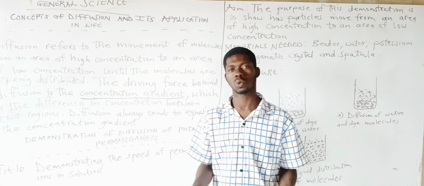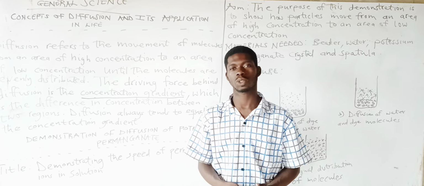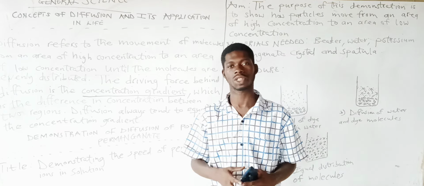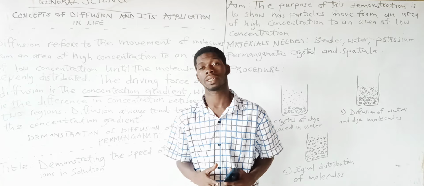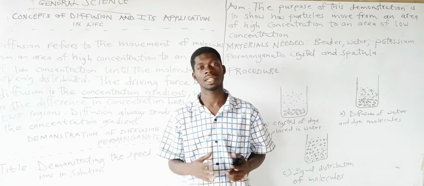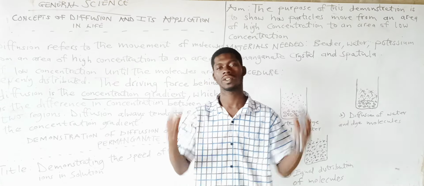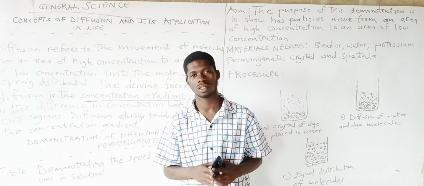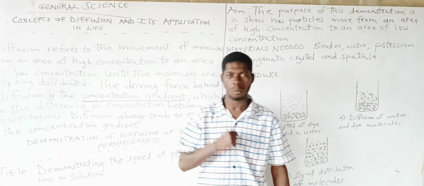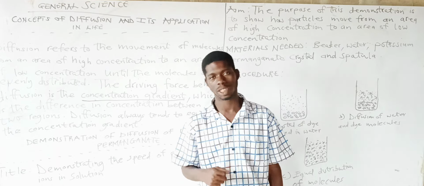We are doing the experiment to demonstrate the speed it will take the potassium permanganate to spread in the what? In the solution. Are you okay? So that's the title of our experiment.